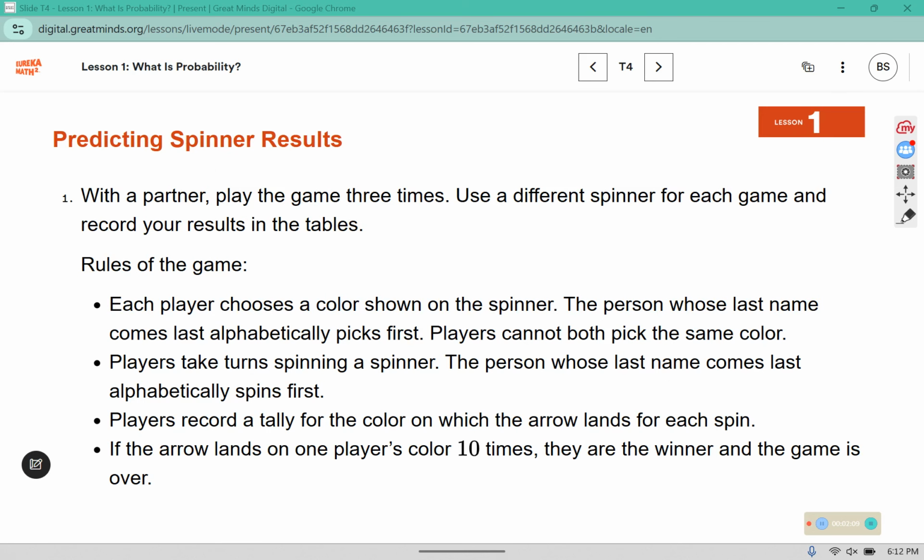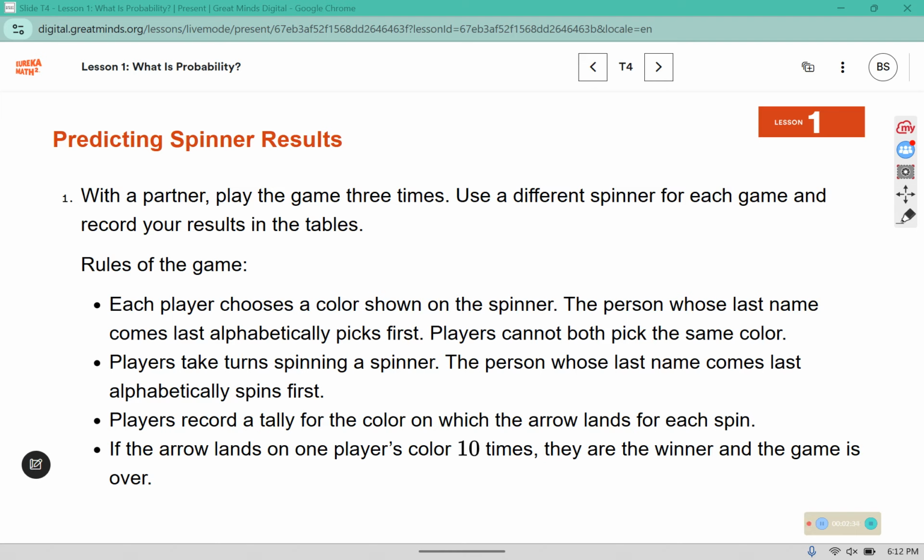So with your partner, you're going to play the game 3 times using a different spinner for each game and recording your results in the tables. Remember, the person whose last name comes last alphabetically chooses first. You must take turns spinning, and the person whose last name comes first spins first.